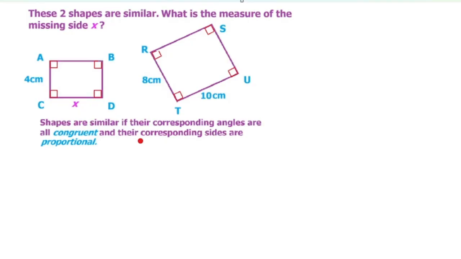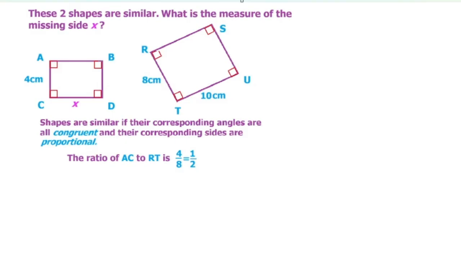So let's look at the proportionality of AC to RT. These are the two sides that we are given. So they are corresponding to each other because we could see that this rectangle is similar shape to this one.